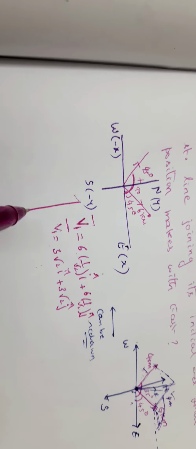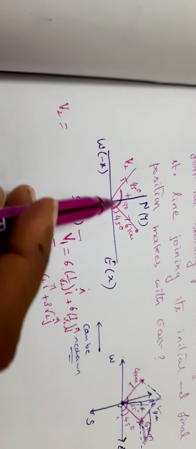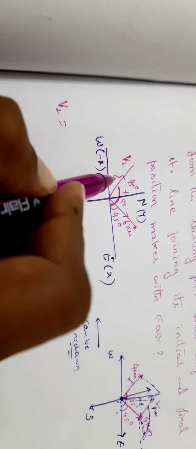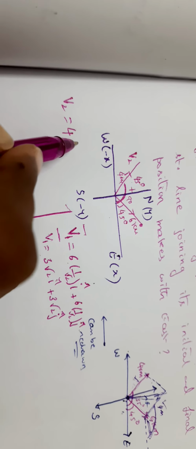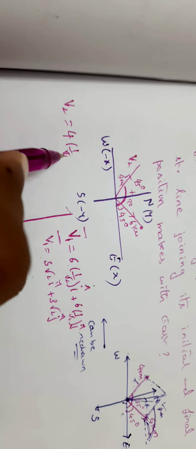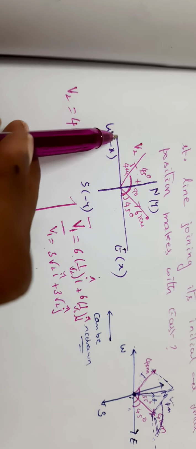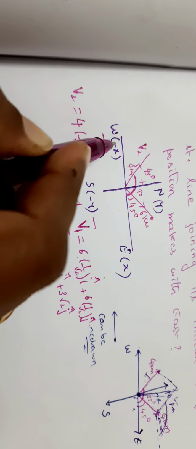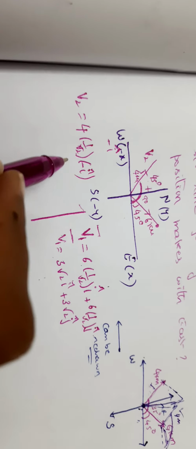Now let's go with V2 bar. Suppose this is V2. Let me resolve this now. Again 45, 45, and this is of 4 kilometers. So I can find it as 4 cos 45, that is 1 by root 2, along the negative x-axis. So that is minus i cap.